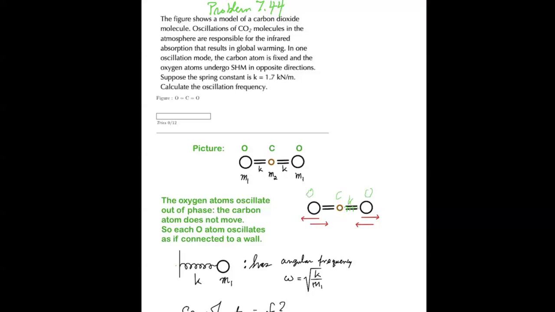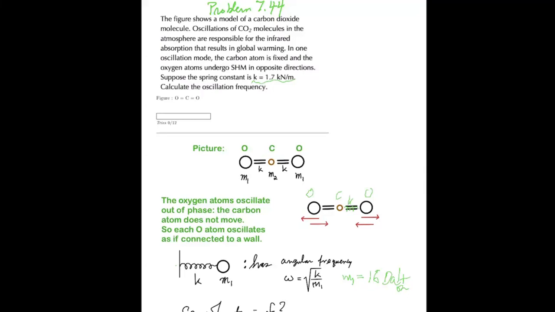Now, what are you supposed to calculate here? You're given K, you know M. M for an oxygen atom is 16 Daltons (16 atomic mass units).